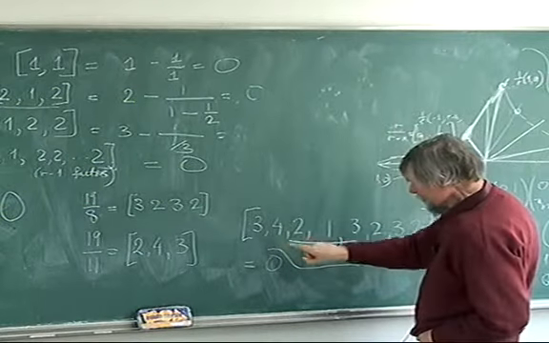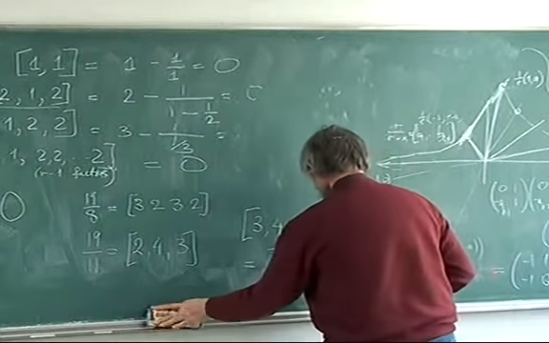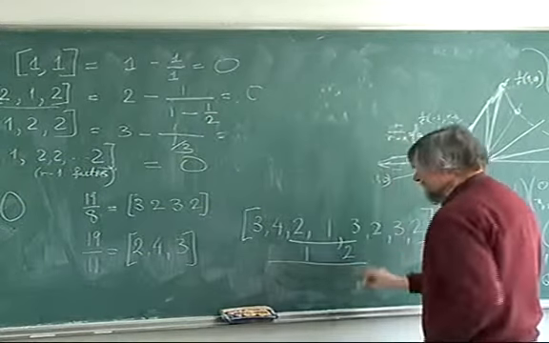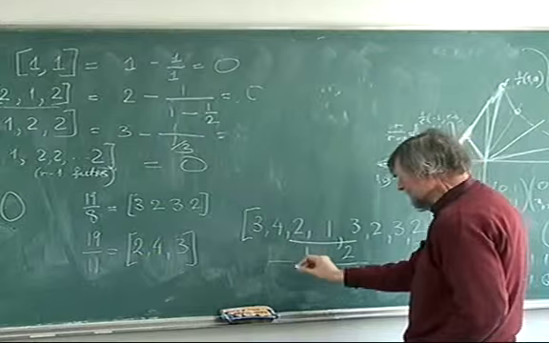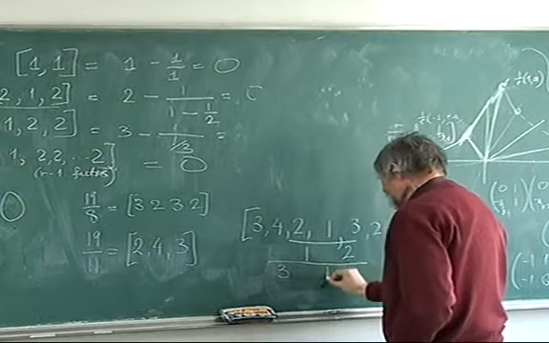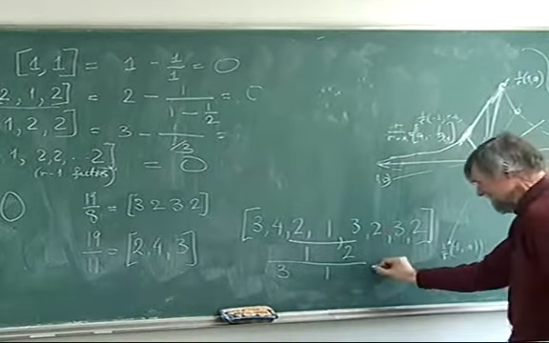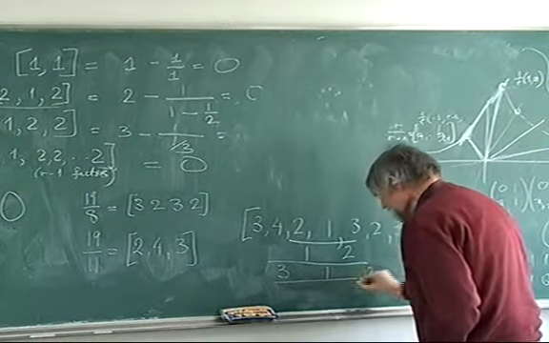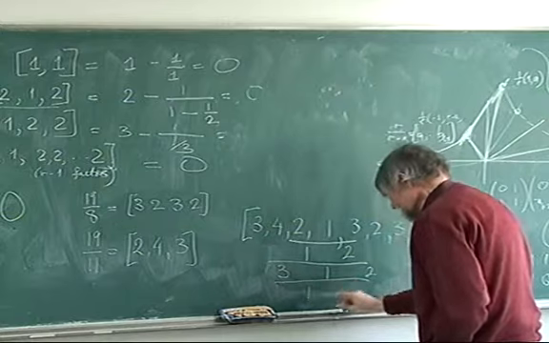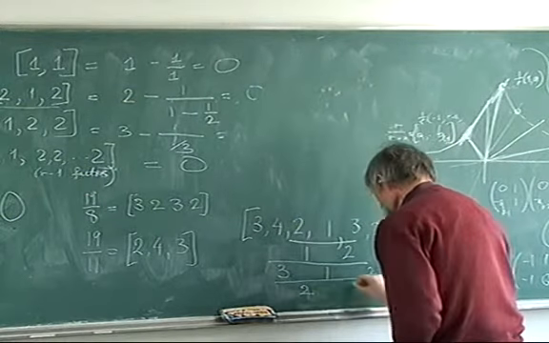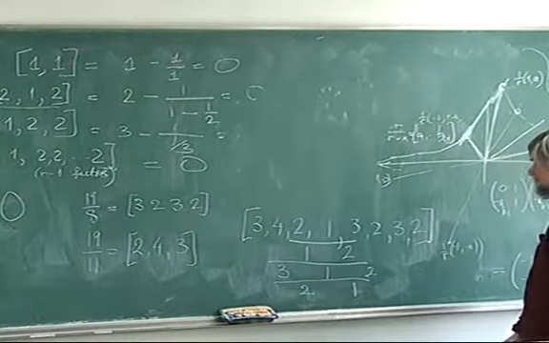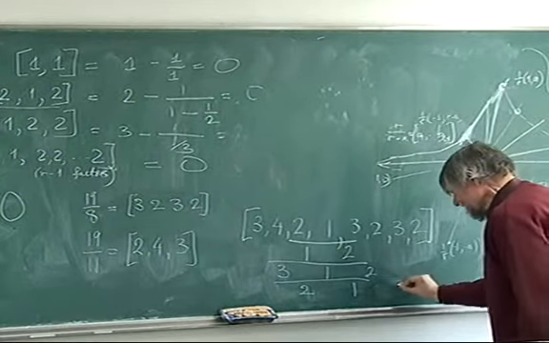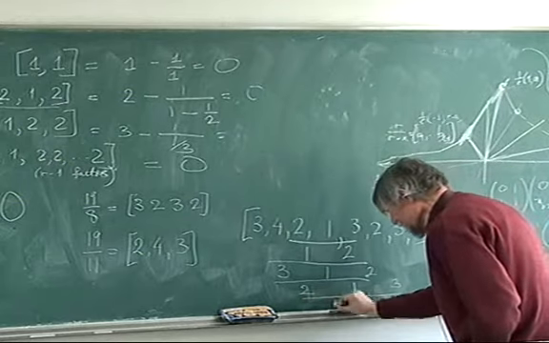So now I write down 4, 1, 2, and this is now 3, 1. I bring down this 2, and I cancel this to get 2, 1. And I'll bring down this 3, and I cancel these again to get 1, 2.